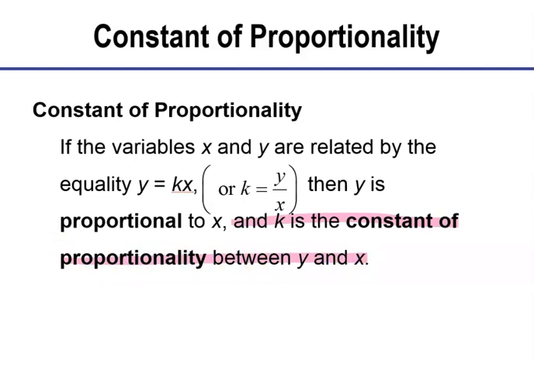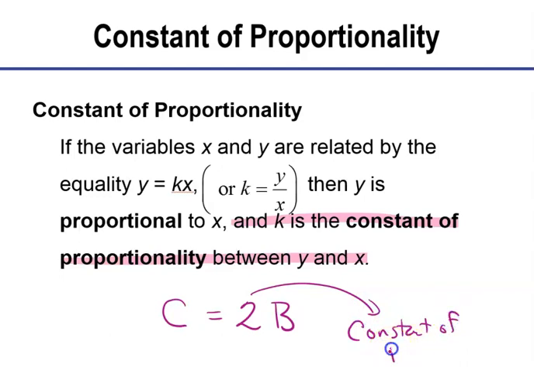Now, a super simple example of that would be to say if Carly, I'm just going to use a C for that, runs twice as fast as Buford, then our constant of proportionality would be 2. So say Buford runs 5 miles per hour, then 2 times 5, Carly runs 10 miles per hour.